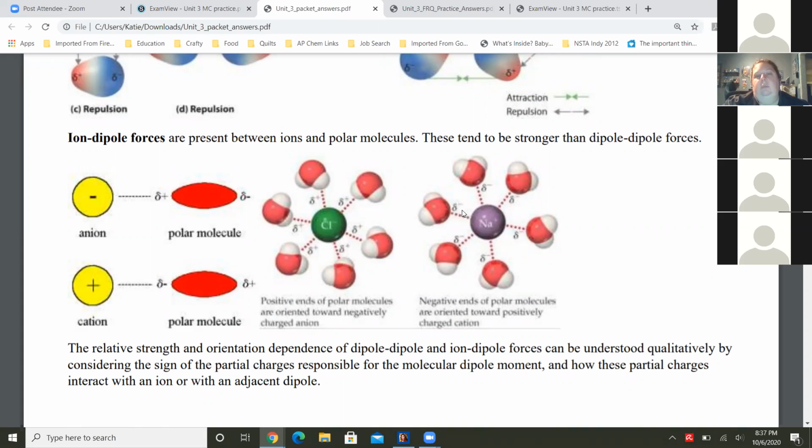And then the more negative side of the water molecule, the oxygen, is attracted to the positive ion. I've seen cases where they put a picture in the question of a calcium ion and then say, draw a water molecule arranged the appropriate way of how it would be attracted to this calcium ion. So you'd have to go, okay, that's a positive ion, I need to draw this so that the oxygen end of the water is attracted towards that positive ion. Okay, thank you. Yep.